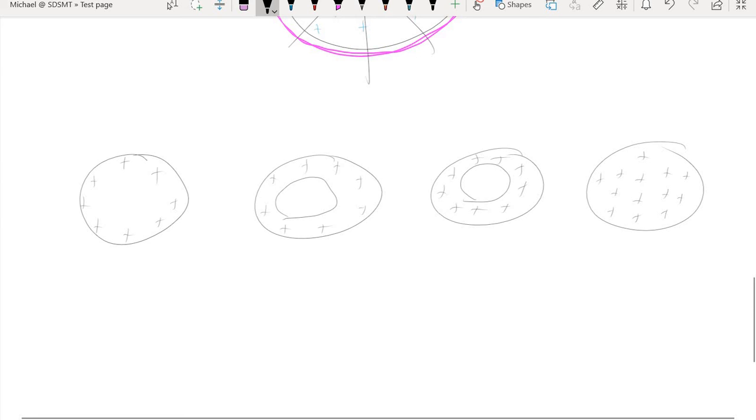Of these four cases, what would happen if you wanted to measure the electric field at some point that was less than big R? So what would you do if you wanted to go inside of one of these spheres and measure the electric field?